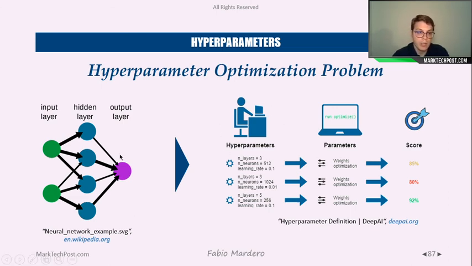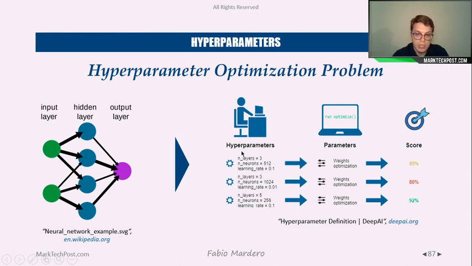So when training a neural network, we have to define a set of hyperparameters. The number of layers, the hidden layers here, could be more than one. The number of neurons, which are those units, those circles, how many we want. And then the learning rate.